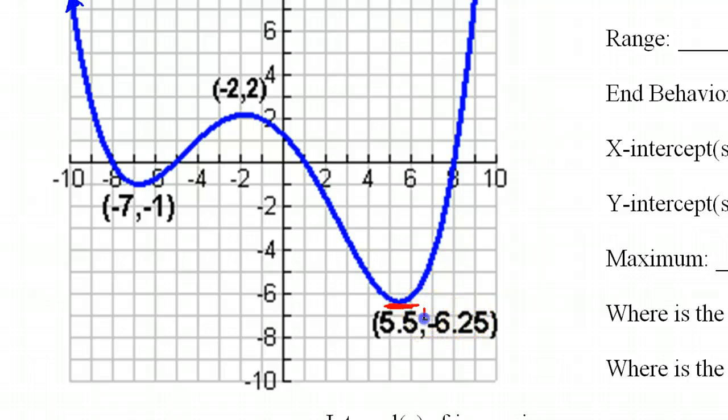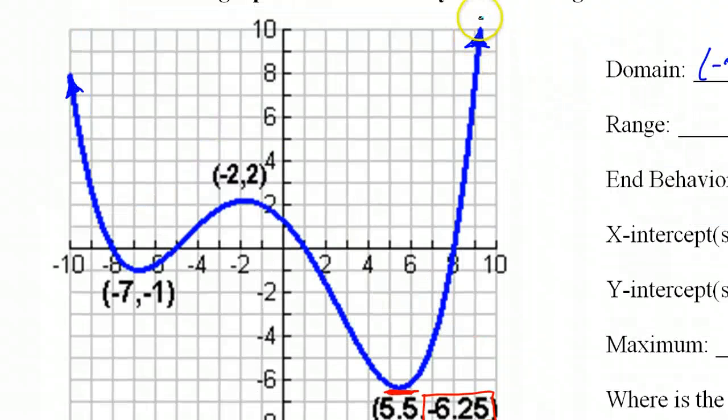It's this number right here. The y value is telling me the height. The x value is telling me how far over I am, and that's not what I need right now. So I'm looking at that negative 6.25. That's how low it goes. And then how high it goes, well, it goes forever.